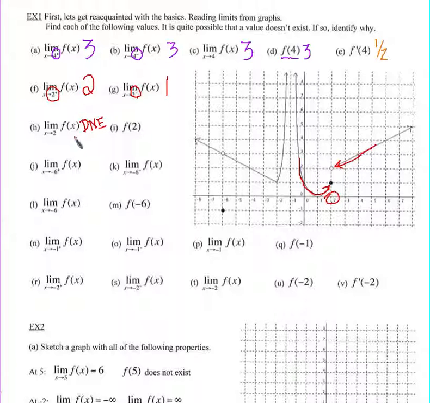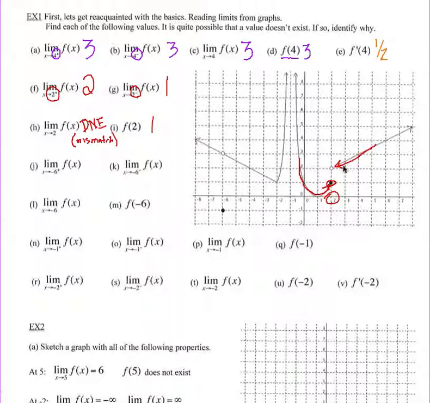And the reason that the limit does not exist is we have a mismatch. The left limit and the right limit do not match. Now, even though we don't have a limit, the function does indeed have a value, and that's right here. So the value of the function at 2 is 1.